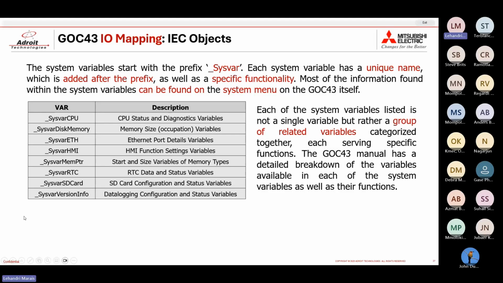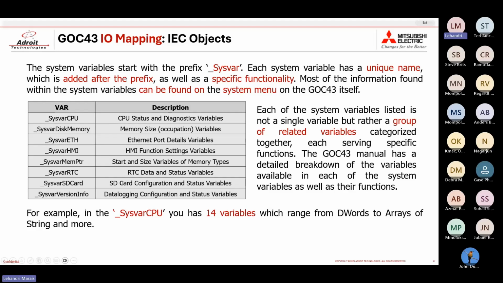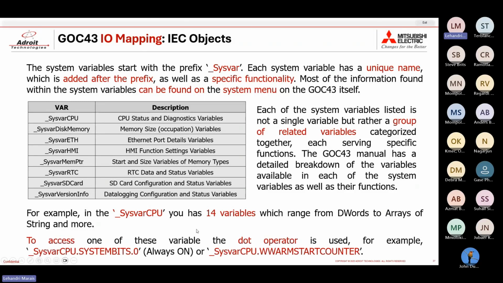There's a detailed breakdown of all of these variables within these groups in the GOC's manual, but I will just give a small example. So for your sysvar CPU, you have 14 variables, all of different types. It can be D-words, arrays of string, etc. If you want to access a single variable within this variable group, you use a dot operator.